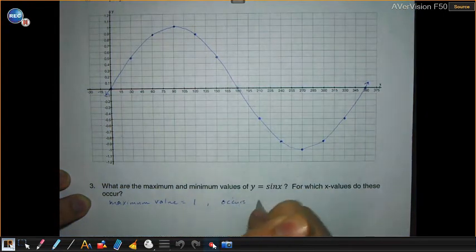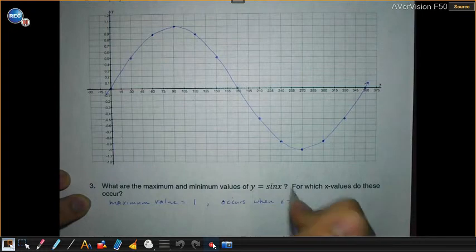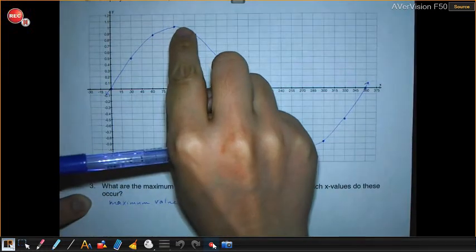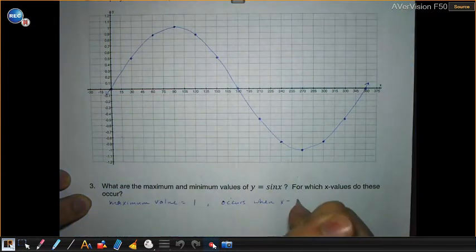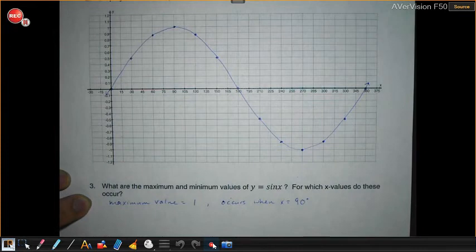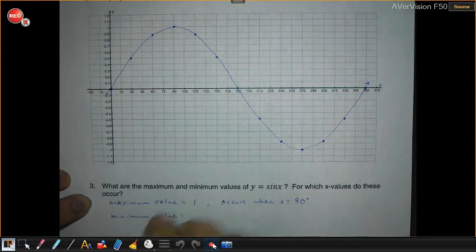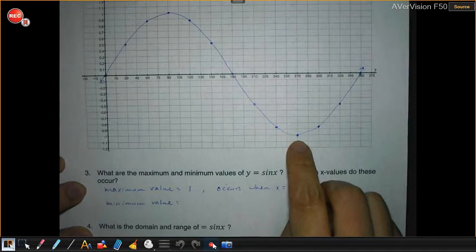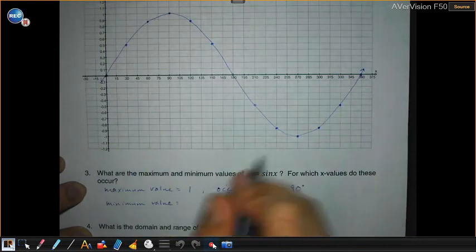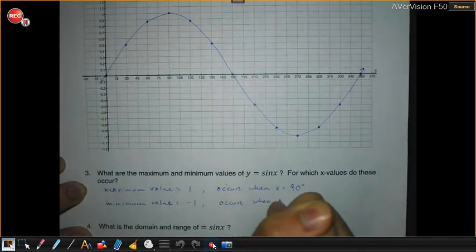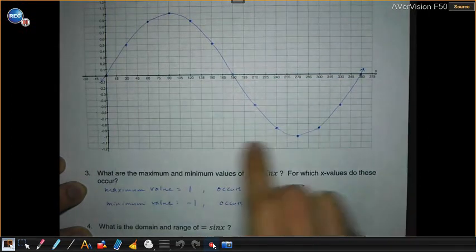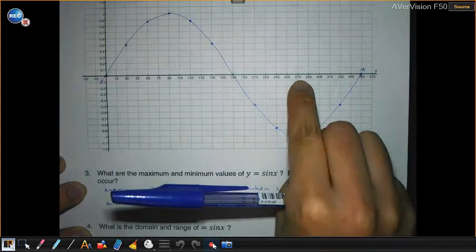And it occurs when x is 90 degrees. The minimum value, or the lowest value, is -1, and it occurs when x is 270 degrees.